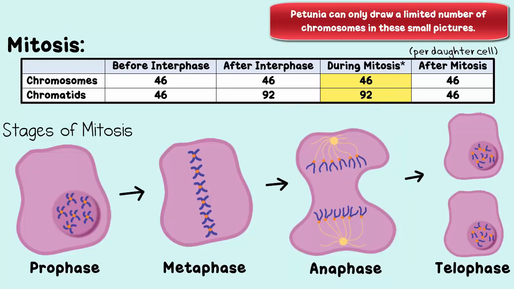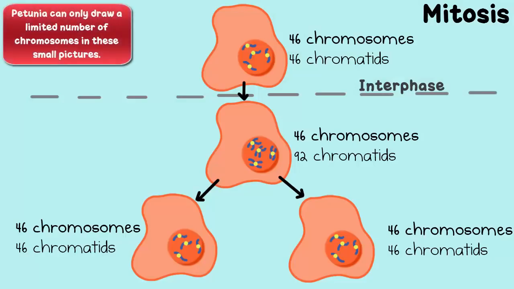Although we still usually refer to them as chromatids during this process of cell division. So at the end of mitosis, those chromatids separate and you end up with 2 cells after mitosis that each have 46 chromosomes. Those chromosomes kind of look like little sticks in this picture. The 2 daughter cells, if you look, are identical to the starting cell in mitosis.